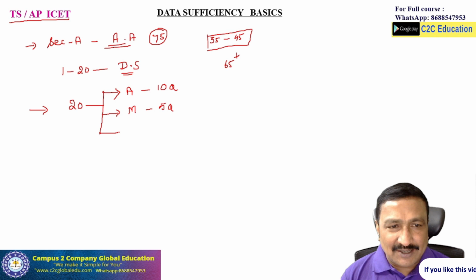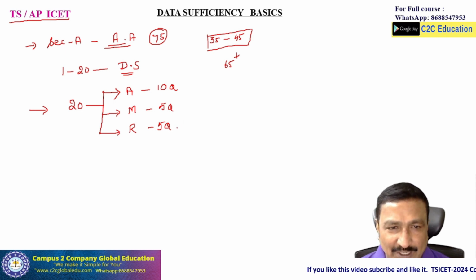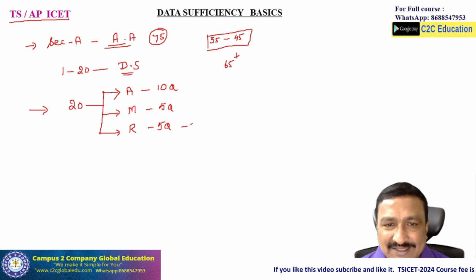And in the last 4-5 years, in data sufficiency they are asking reasoning questions also. They ask 5 reasoning questions. If you look at the 2022 question paper, or 2021 or 2020, they ask reasoning questions from question number 16 to question number 20.